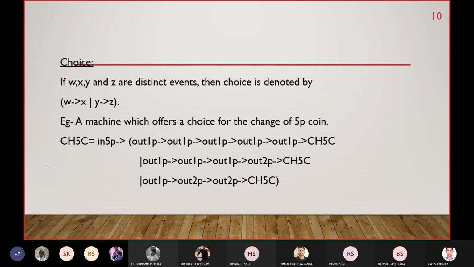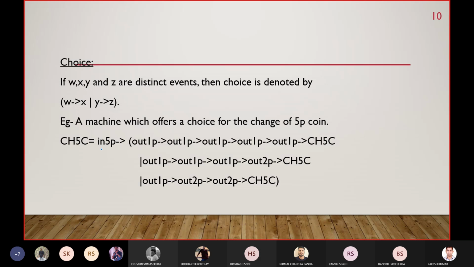Okay. Now choice. Here W, X, Y, and Z are distinct events. Then choice is denoted by W to X, then Y to Z. This vertical bar means that you can only consider one of them. It means either W to X or Y to Z. We cannot choose both of them. To explain choice, I'm taking the example of a machine which offers a choice for the change of a 5 penny coin. I want change for a 5 penny coin in 1 or 2 pennies.